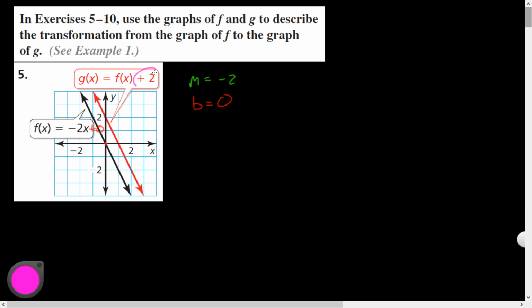They are parallel to each other. Specifically, what do you think this +2 on the outside of the function does graphically? It shifted it up 2 units, right? So it was a vertical shift up 2.